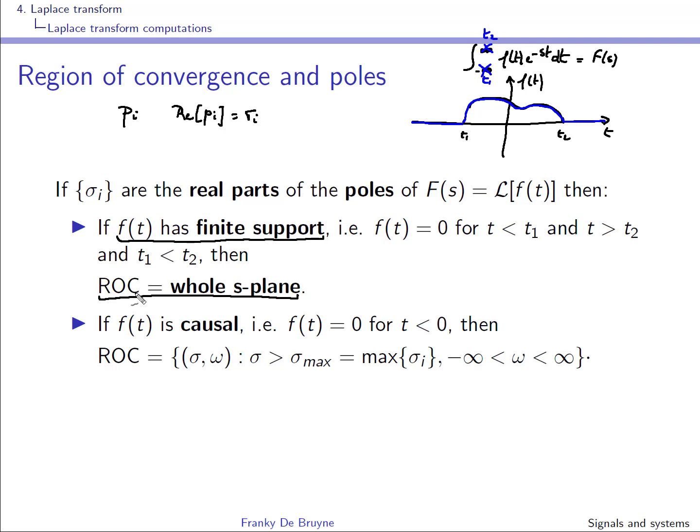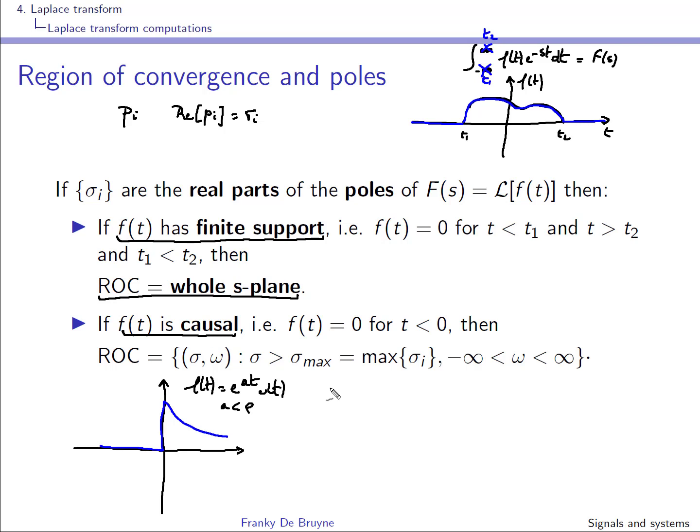Okay, so for other functions, the other functions that we'll consider are causal functions, and we'll consider a function that we've already considered before. It's the real exponential function, e to the a t, multiplied by u of t to make it causal, and here a is negative.